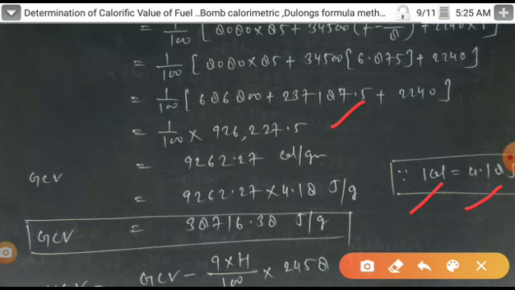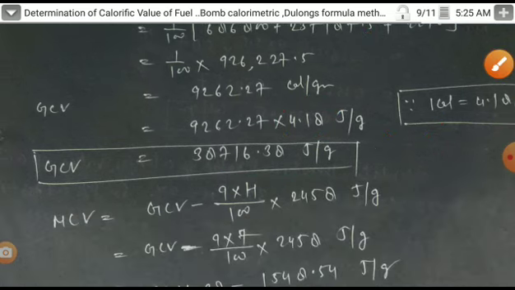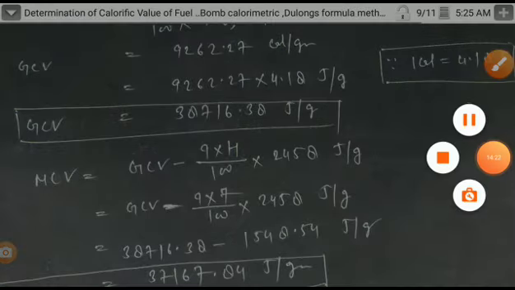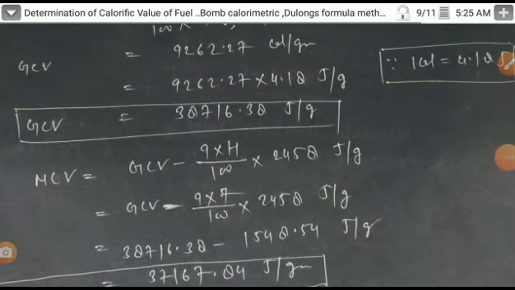Multiply the calorific value by 4.18, then it converts into joule per gram. After the multiplication by 4.18, the answer is 38,716.38 joule per gram.